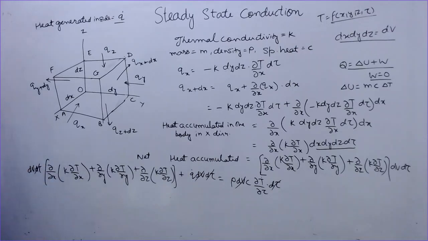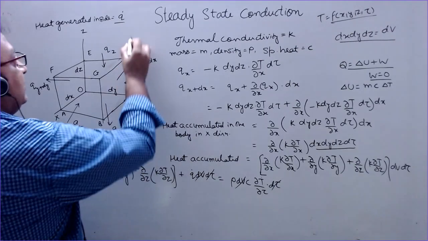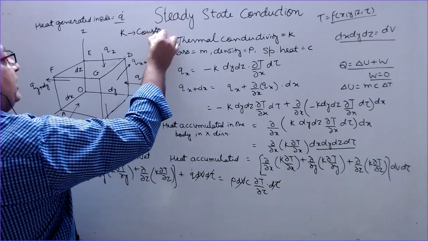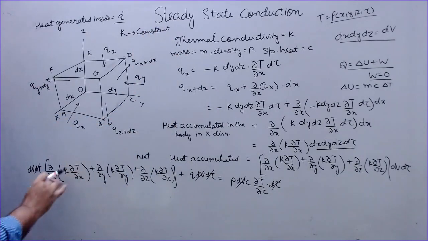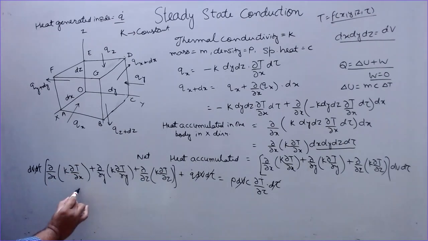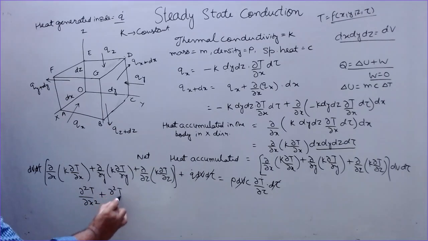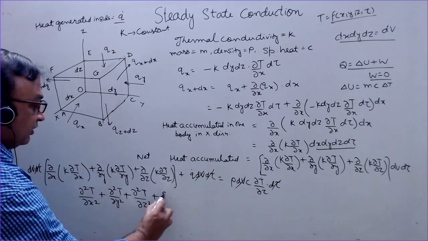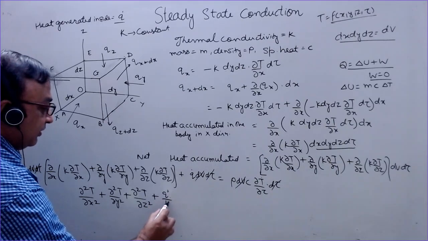Now if I take k as a constant, suppose k is constant, not a variable, then this can be taken outside the differential, but T here is a variable. So I can write del square T over del x square plus del square T over del y square plus del square T over del z square plus q dot divided by k.